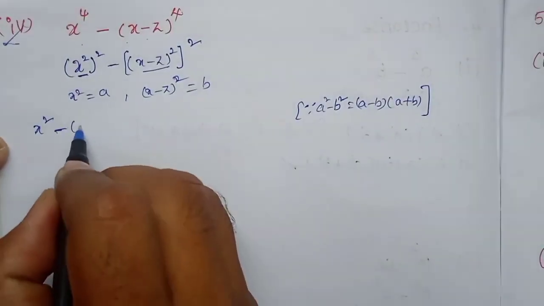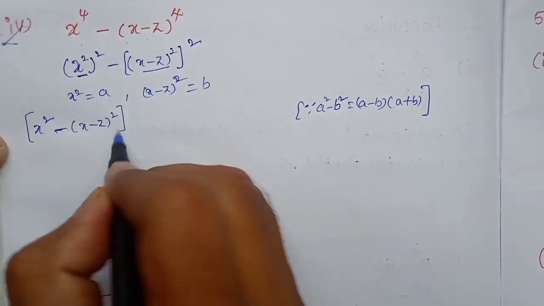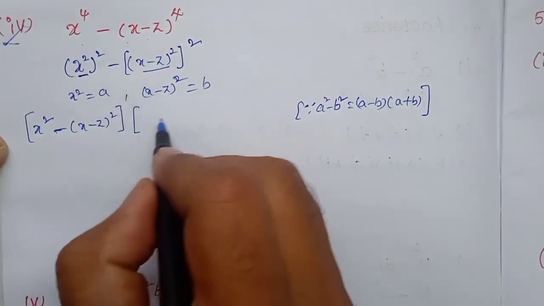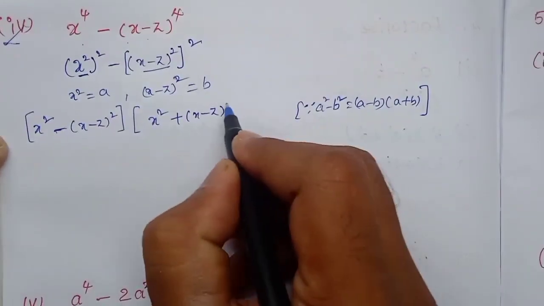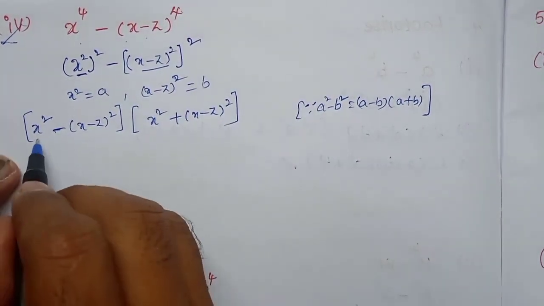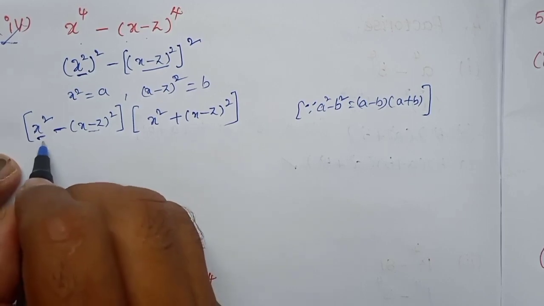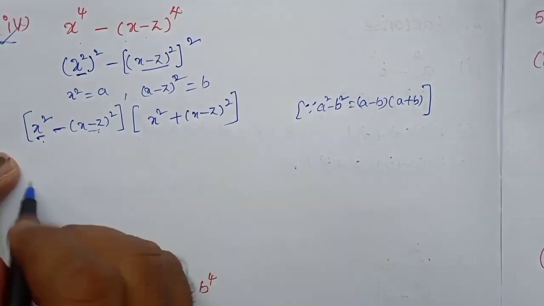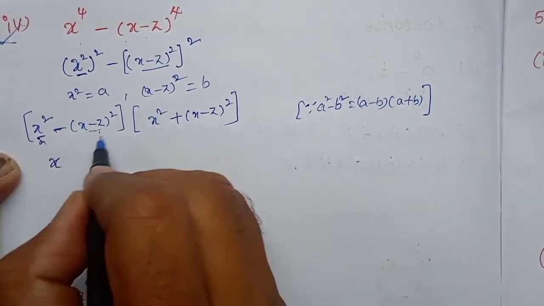B is what? x minus z whole square, into a plus b, that is x square plus x minus z whole square. See, now again this is in the form of a square minus b square. Now a as x and b as x minus z. So this can be written as a minus b.